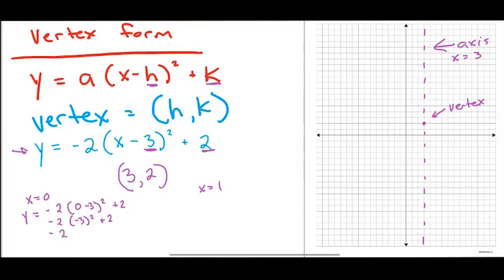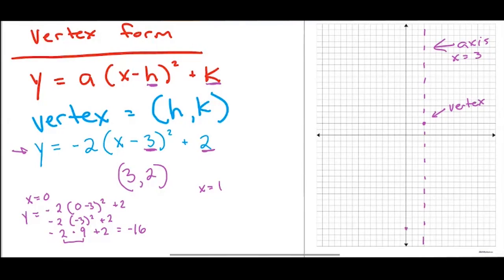It's -2 times 9 plus 2. Well, -2 times 9 is -18. -18 plus 2 is -16. So it's 0, -16. So I'll start in my origin, and x is 0, so I'm just going to go down 16.